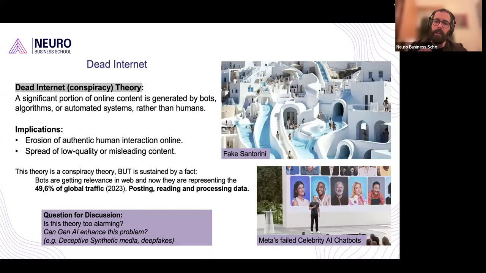But when they interact with an article that talks about travels to Santorini, and they put this image, they are totally lying about the actual appearance of Santorini.